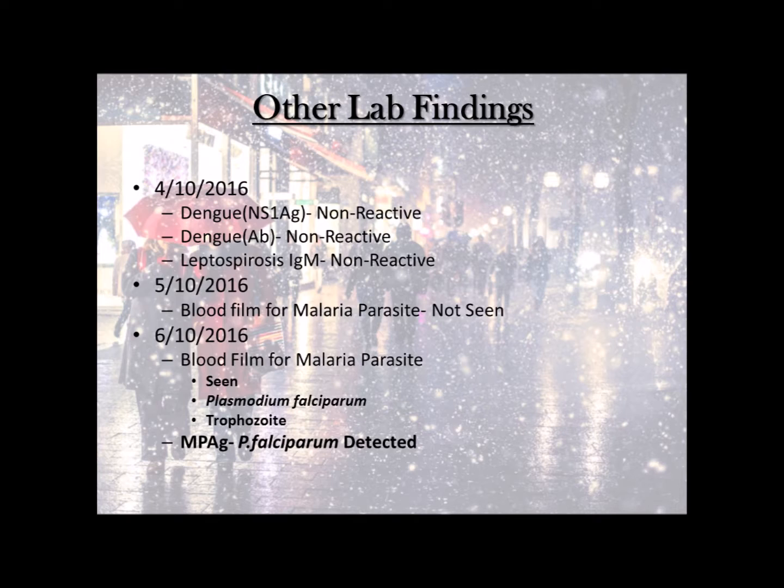On the third day, the blood film analysis for malaria parasite was continued, and from this microscopic examination, trophozoites were found in the blood film, and it was deduced that the species might be Plasmodium falciparum. A serological test using a malaria parasite antigen detection kit confirmed that the patient was infected by Plasmodium falciparum. The parasite RBC ratio was 1:300.